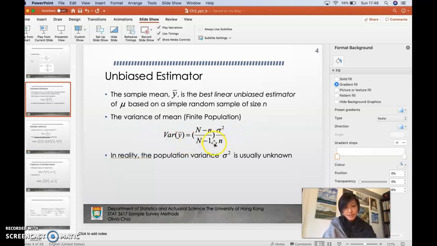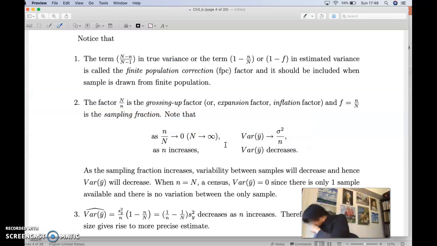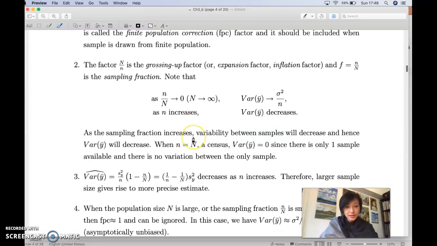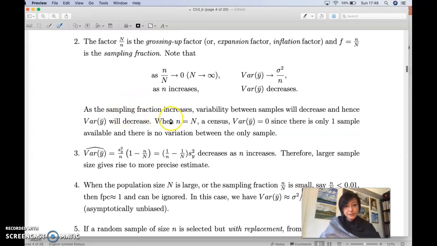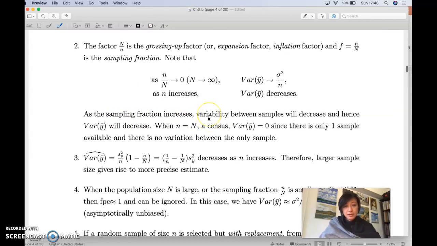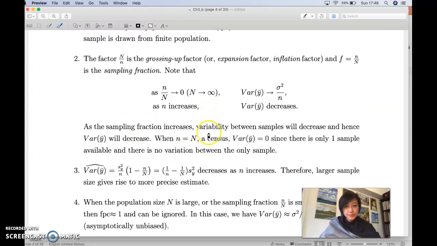So if we increase our sample size while doing a sample survey with a finite population, with the correction factor multiplied to the sigma square over n, it's more effective than using the infinite population case. As the sampling fraction increases, variability between samples will decrease. Then the variance of y bar will decrease, like we said.